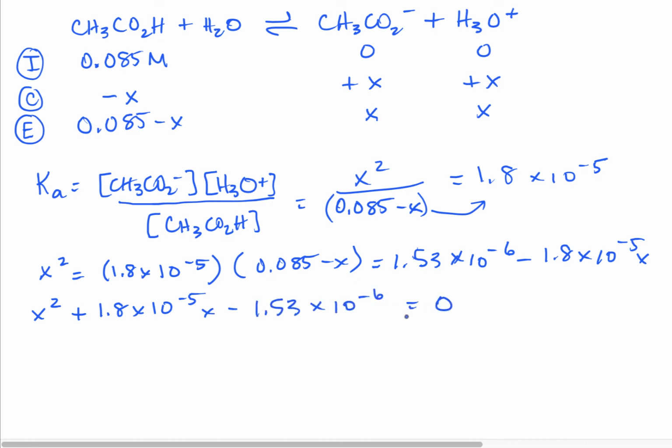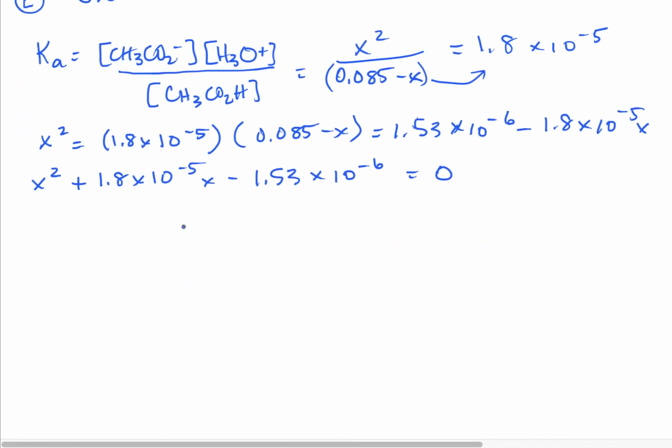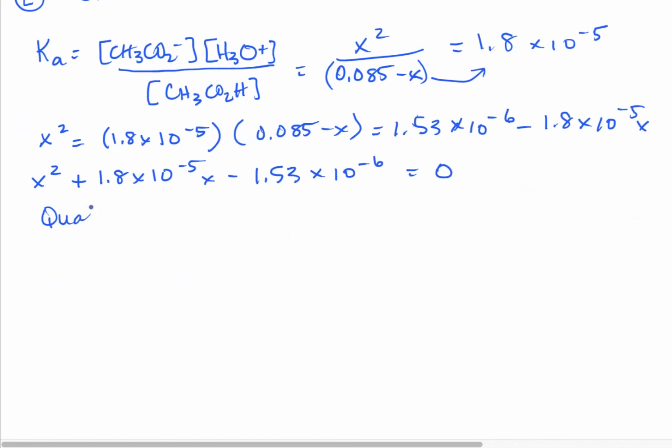to 0. And at this point, I can either use the quadratic equation and do this by hand, or I can use a solver function on my calculator or using Wolfram Alpha. I recommend that you get comfortable with the quadratic equation because there are going to be times where you have to do this by hand.